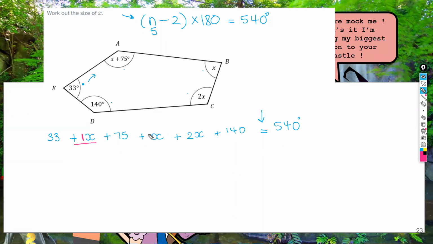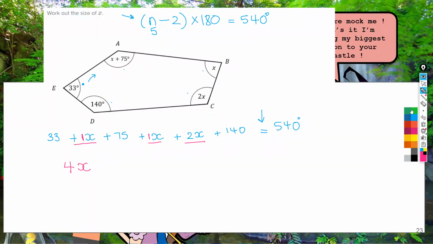Here you have another 1X, and then you have 2X. How many X's do I have in all? That's 4 X's, right? 1 plus 1 is 2, 2 plus 2 is 4. So when you sum up all the X's, you get 4X.